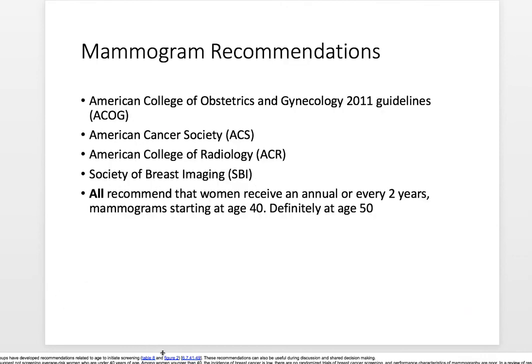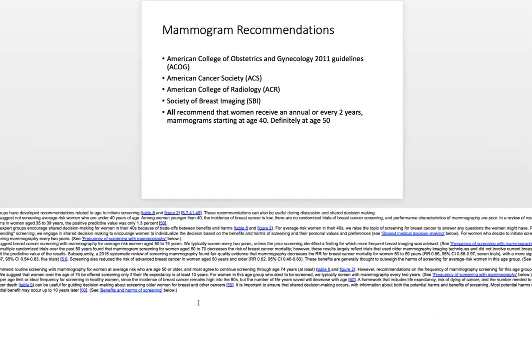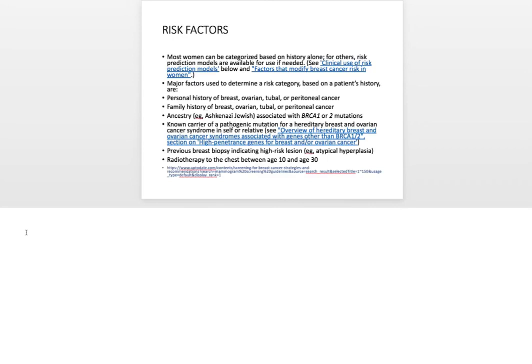These are going to be looking at risk factors. If you pull this up and take a look at this or print it out, you're going to have a lot of information in here. We're going to walk through this a little bit because with mammography, you need to understand who needs tested and why. A number of experts have recommendations based on age to initiate that screening, as well as understanding the risk profile.